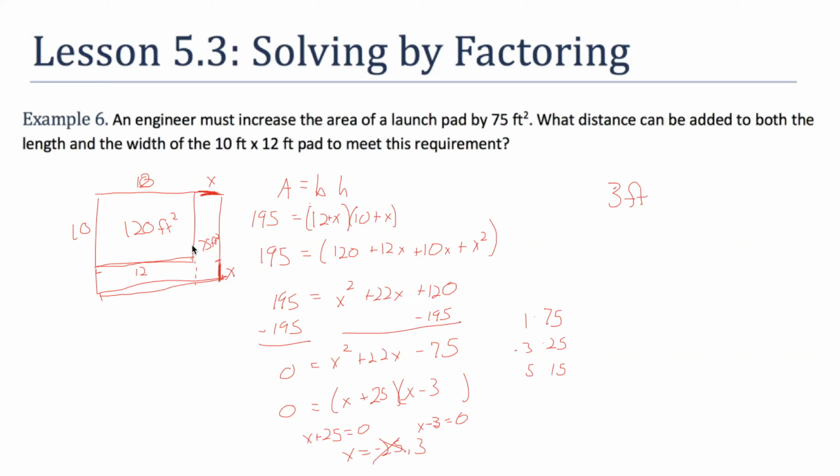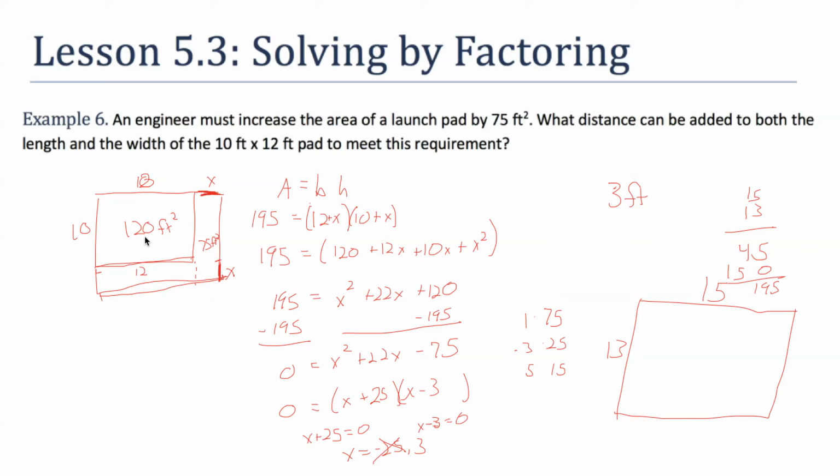So 3 feet. You could check this to make sure it works out. Now that we added 3 feet, this would be 15, and this would be 13. 13 times 15, we get 195.